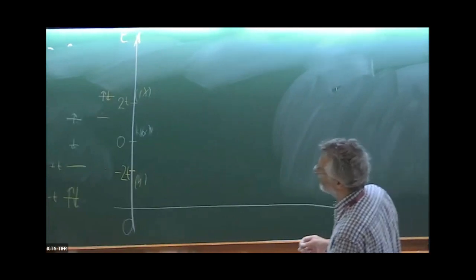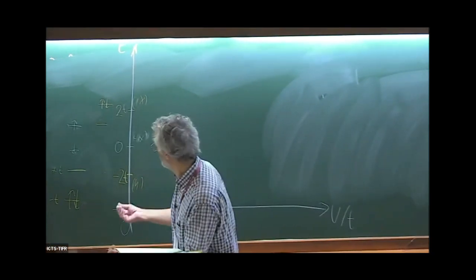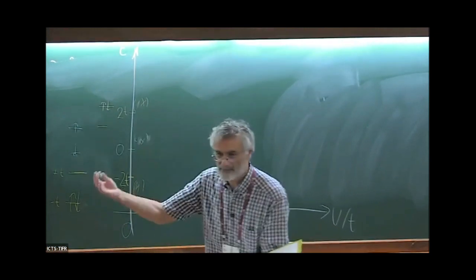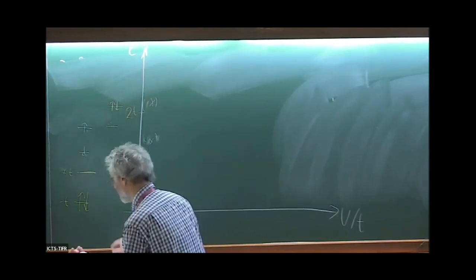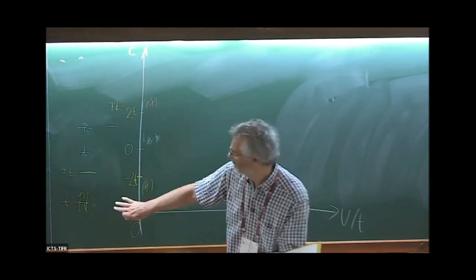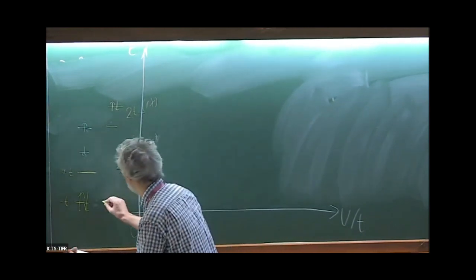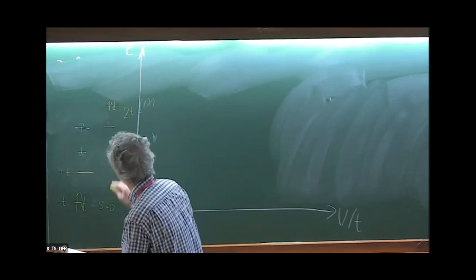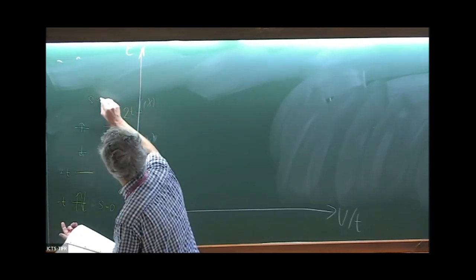These guys here are singlets. Because we have an up, down, if we apply the spin raising operator to this, we get 0. So this is definitely a spin 0 object. This is also a spin 0 object.